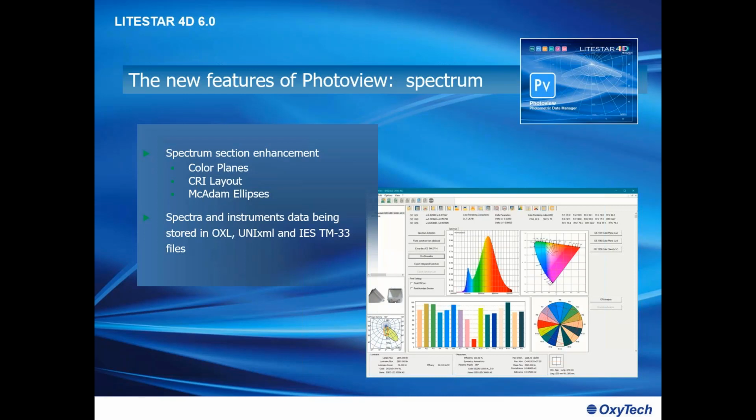With these files, you can pack all the information in a single file, and considering that the program is all based on the drag and drop feature, you can have a file on the desktop, drag it and drop it onto PhotoView, and the file will be automatically opened. It means that in a single operation, you can manage all the information that now can be managed in 3, 4, 5 different steps.